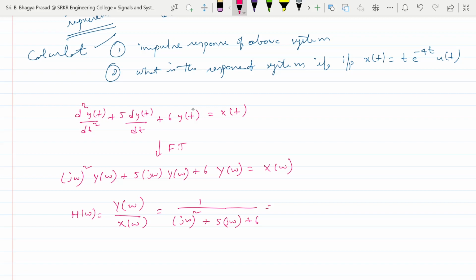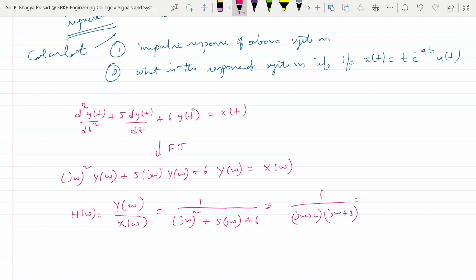If you go for the partial fractions and find out the constants, you can write this expression in terms of j omega plus 2 and j omega plus 3.